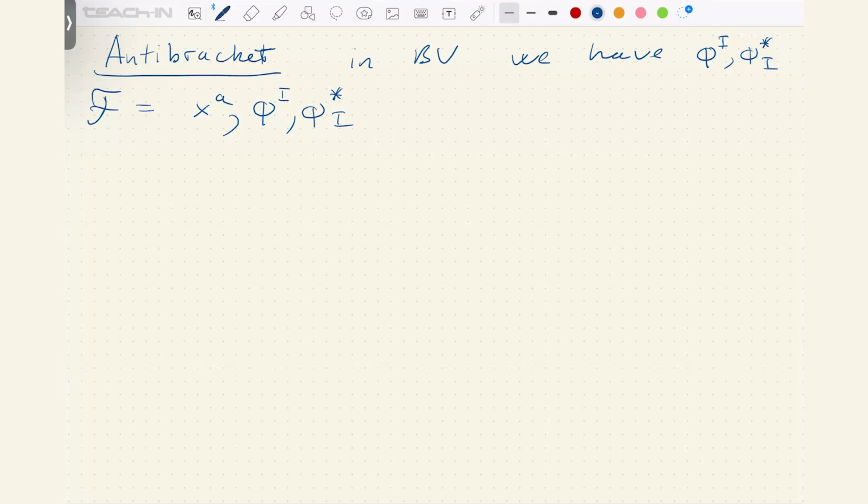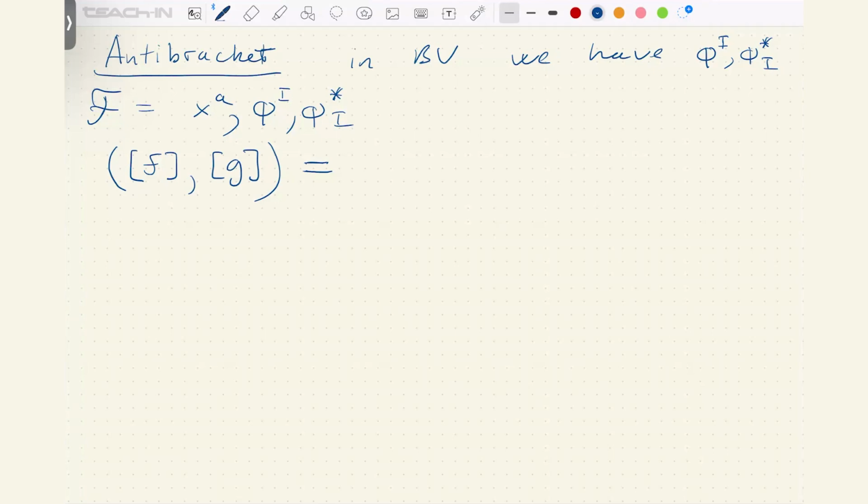So what we can do is define the anti-bracket on equivalence classes of local functions by the following rule. Because we are talking about equivalence classes, the rule is not unique. For equivalence classes it is unique, but for representatives it's not.